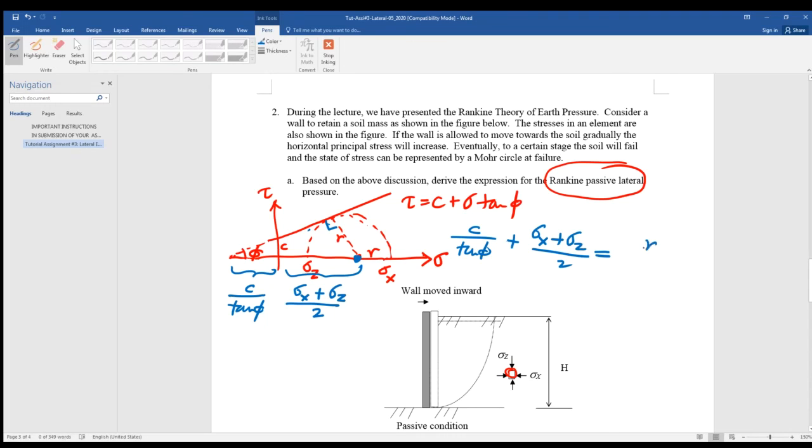R over sine phi, right? That's R. So R over the hypotenuse is equal to sine phi, right? So that's why the hypotenuse, the length here, is equal to R over sine phi, okay? But what's R?